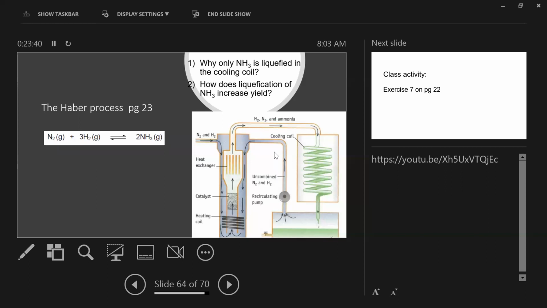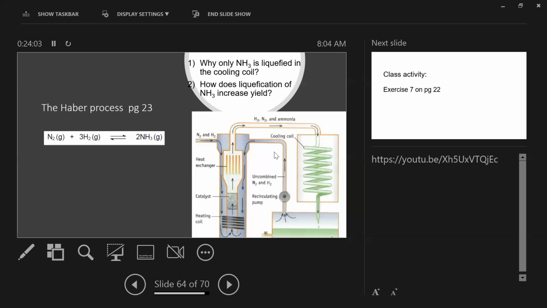Which one has stronger intermolecular force, ammonia or nitrogen? When you force the gaseous particles closer towards each other, they can only become liquid if there's significant intermolecular attraction, right? If they experience negligible intermolecular force, they will exist in gaseous state.